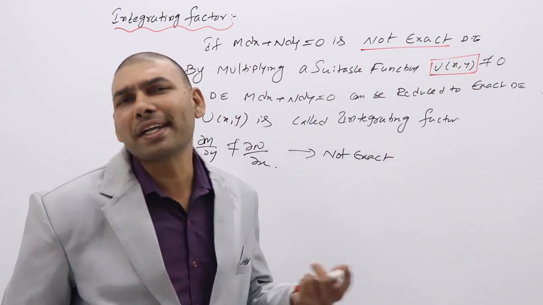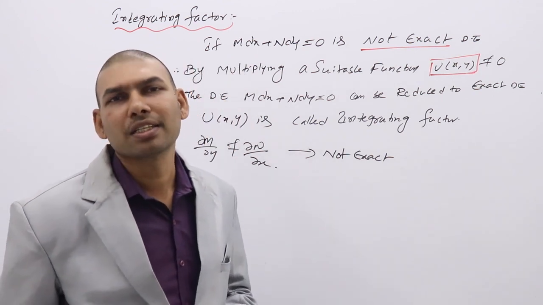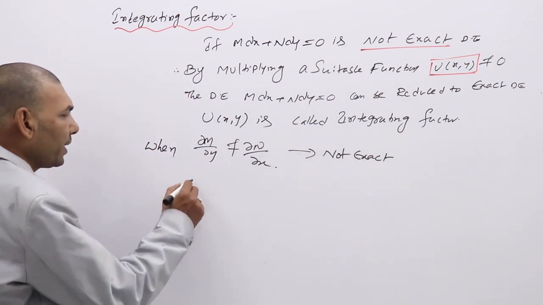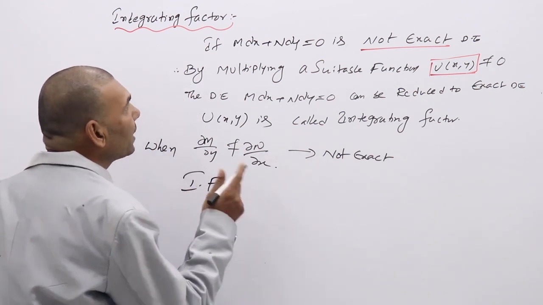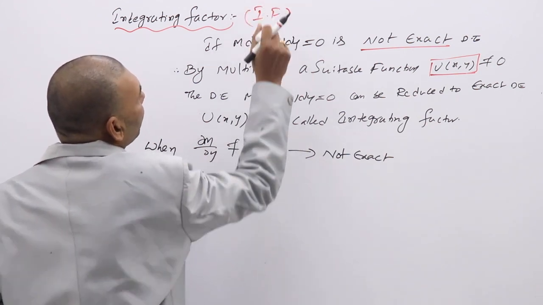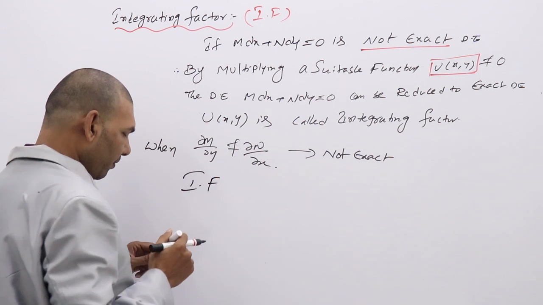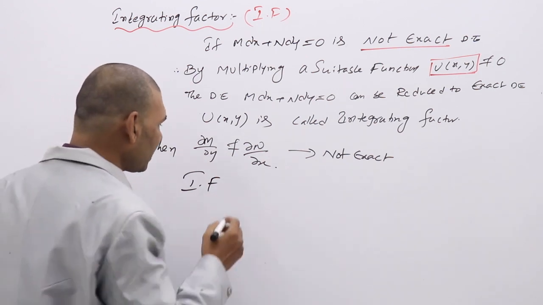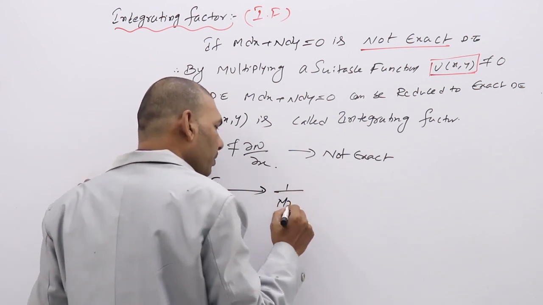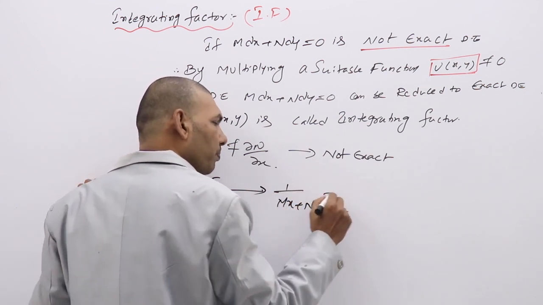There are so many types of integrating factors. In that few we can easily identify. So this is one integrating factor. We represent integrating factor like I.F. There are so many integrating factors. In that few we can easily identify. 1 by (Mx plus Ny).